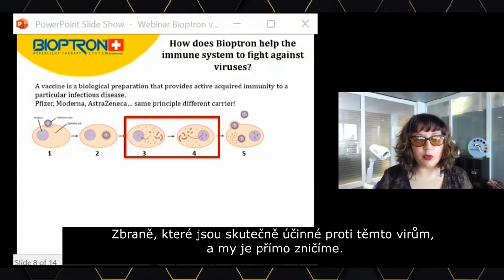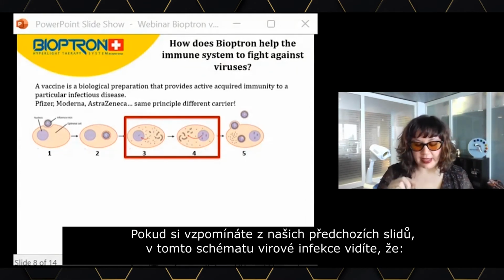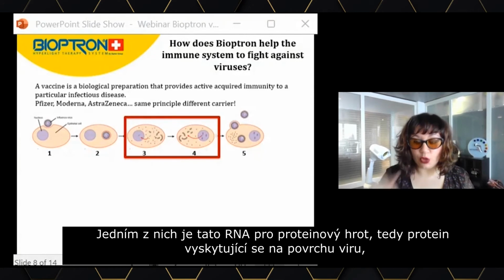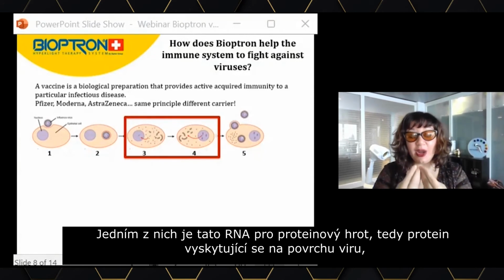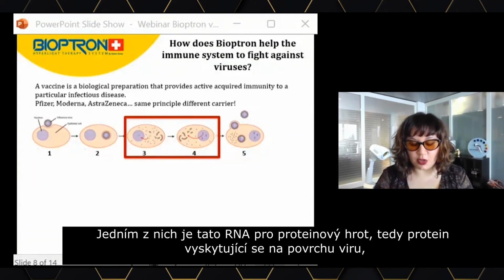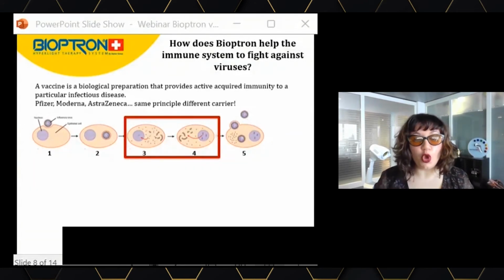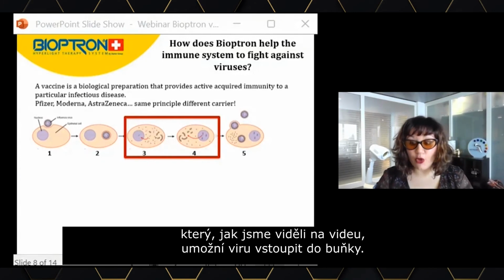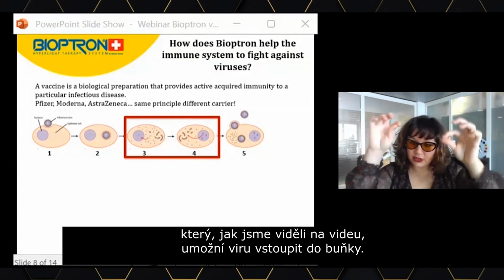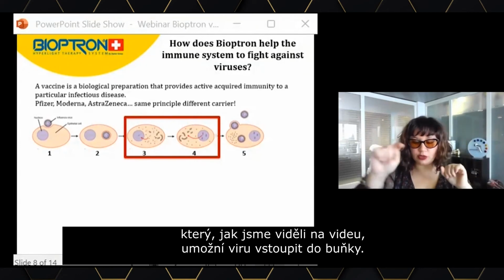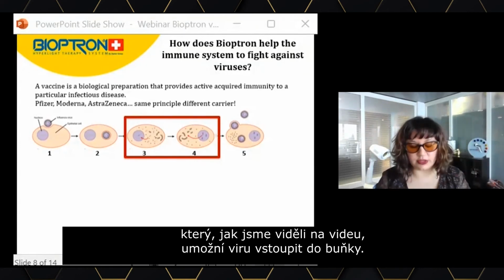Okay? So if you remember from our previous slides, in this scheme of viral infection, you can see when the virus was in the cell and was providing this RNA, these instructions to produce new pieces of virus, one of them is this RNA for the spike protein, this protein that is on the surface of the virus that, as we saw in the video, will allow the virus to enter the cell.